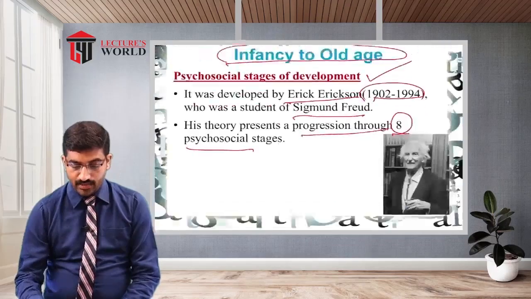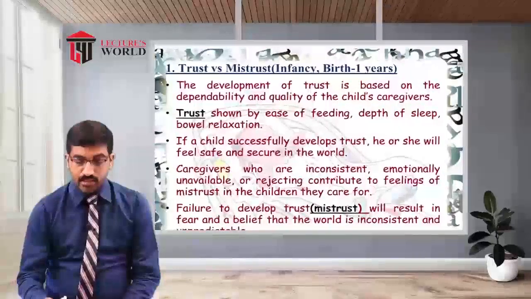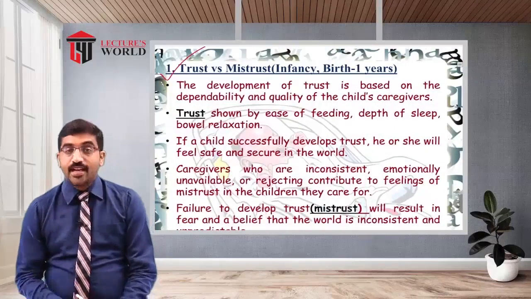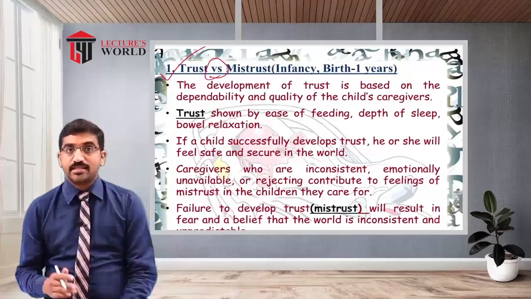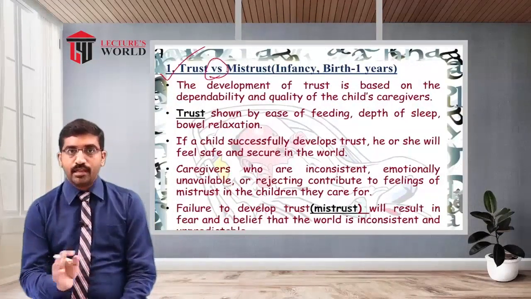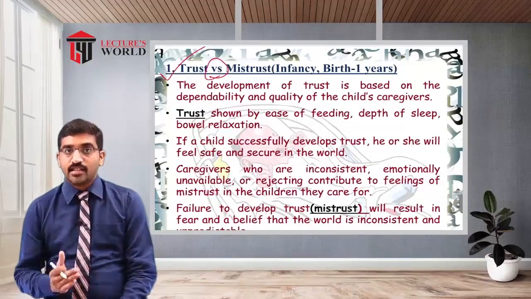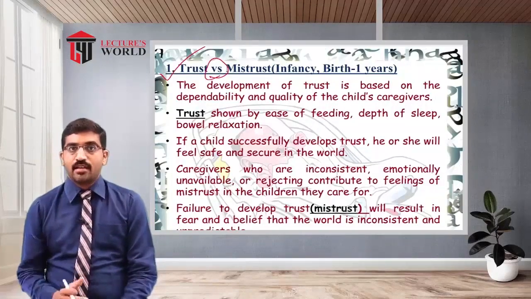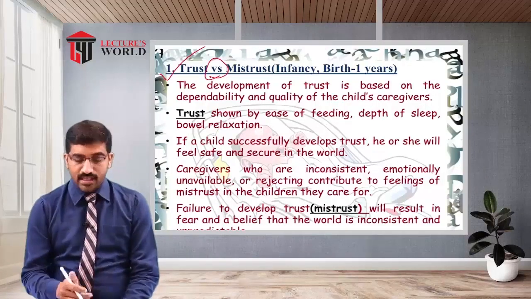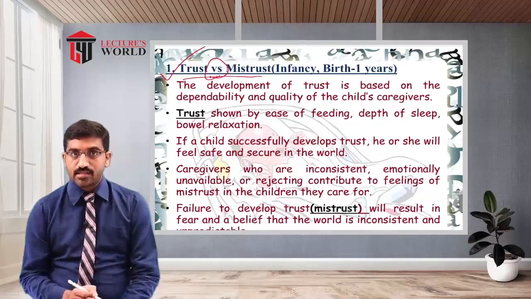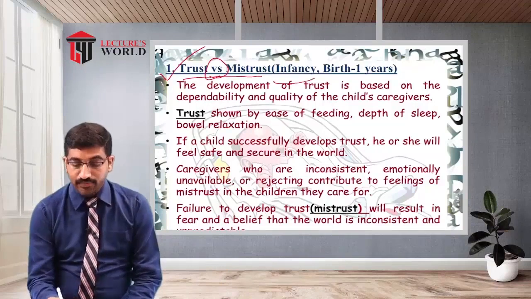So one by one we'll see. The first stage is known as trust versus mistrust. Versus means opposite. Okay, two sides are against each other, like that we say. Like India versus Pakistan for the cricket competition, Pakistan versus New Zealand. The same way trust versus mistrust means it happens in infancy.